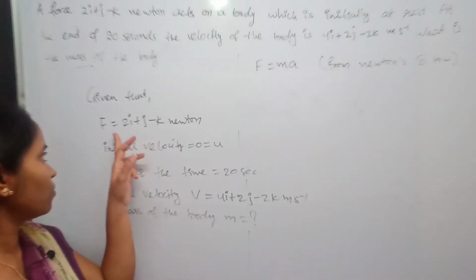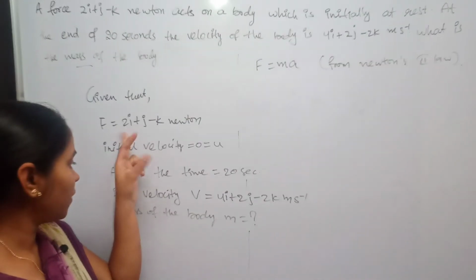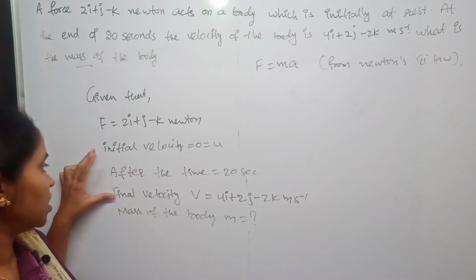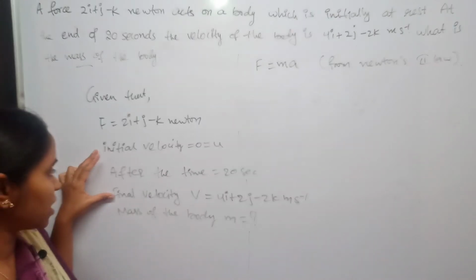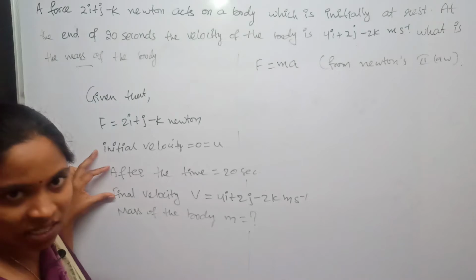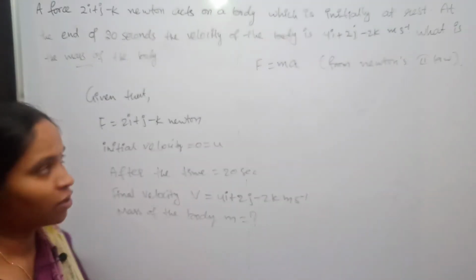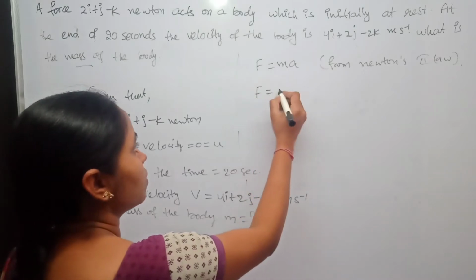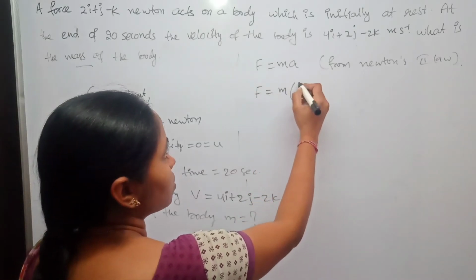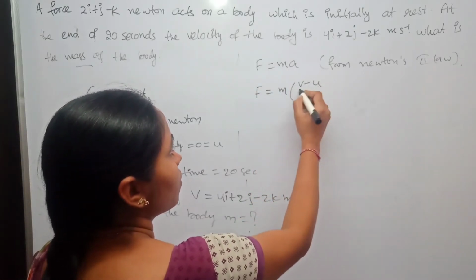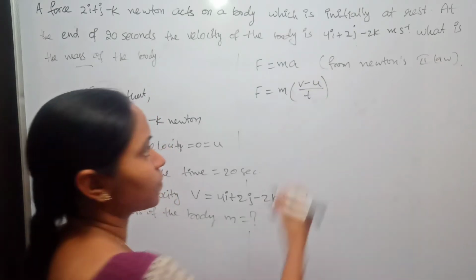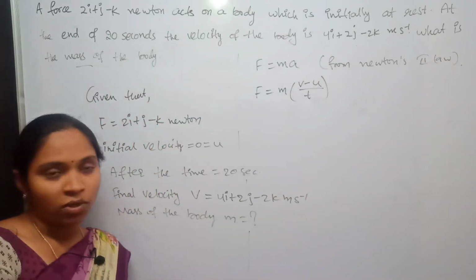Because we have force and velocity. Change in velocity with respect to time is nothing but acceleration. We have to find out this mass. Force F is equal to mass into change in velocity, that is v minus u by time t. What is acceleration?